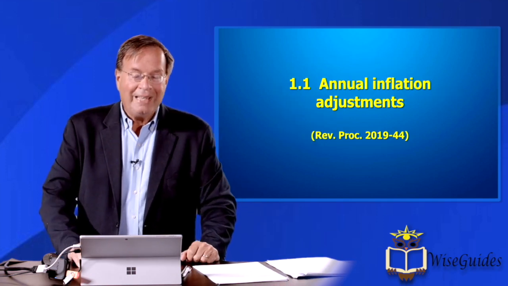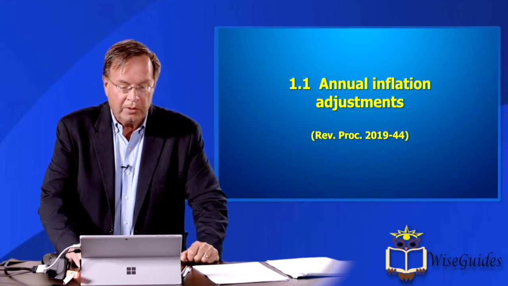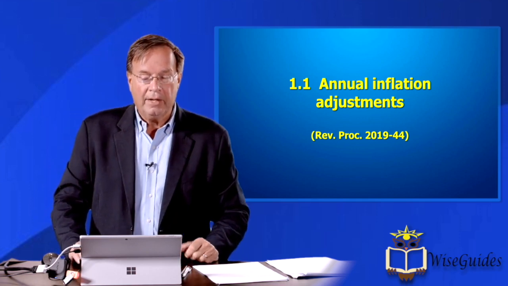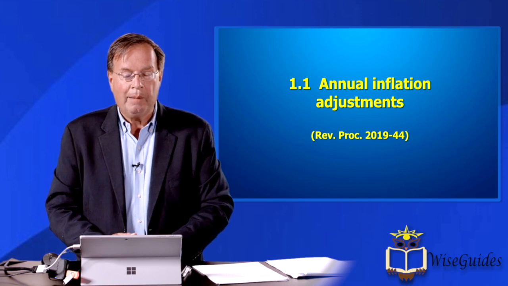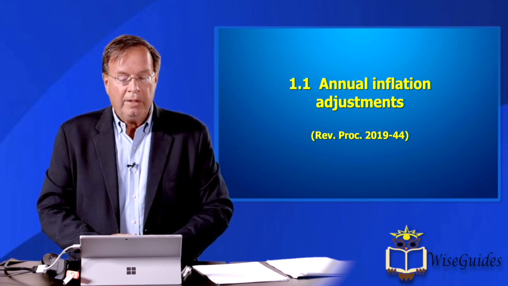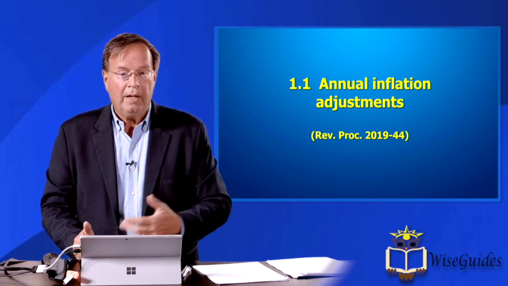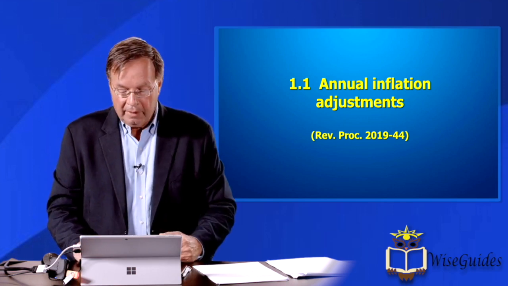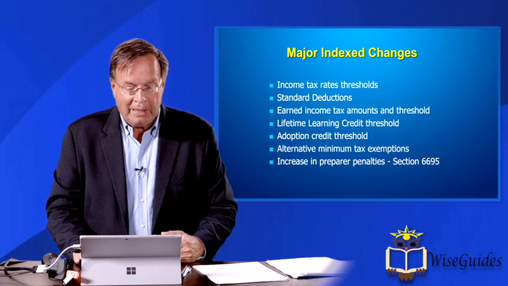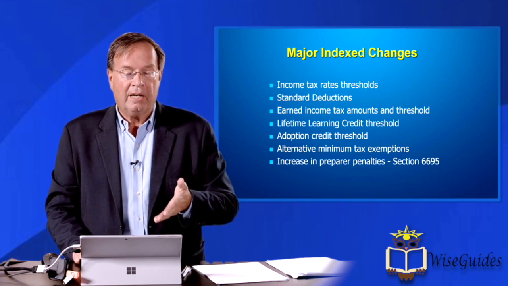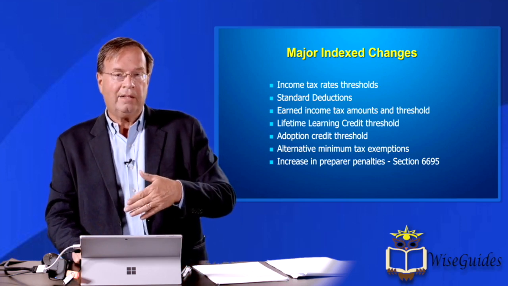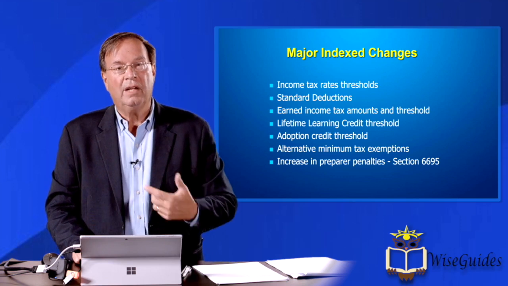So as far as inflation adjustments, which I think is the first major key part of this area, these adjustments happen automatically. They are written up in Revenue Procedure 2019-44. I'm going to actually show you that in just a moment. But basically what we look for in those is what things change automatically because of an inflation adjustment.